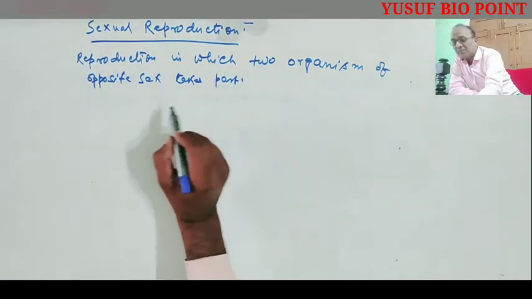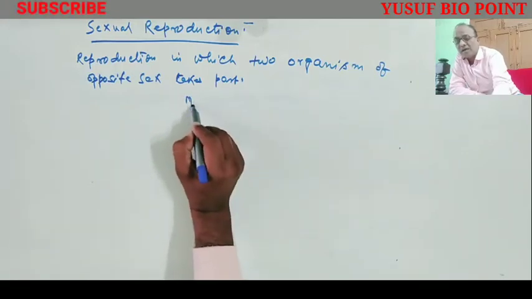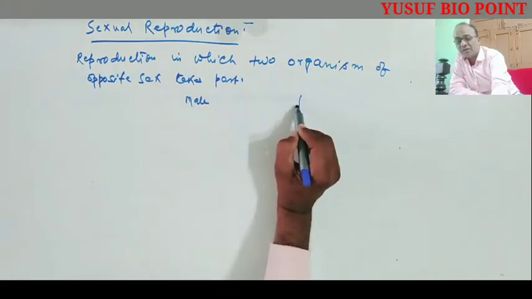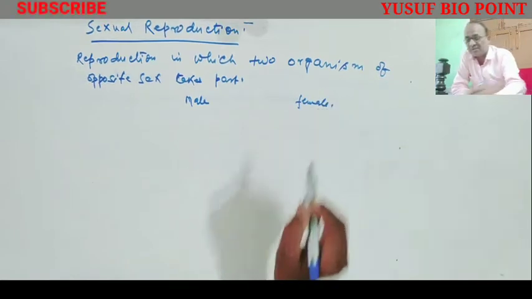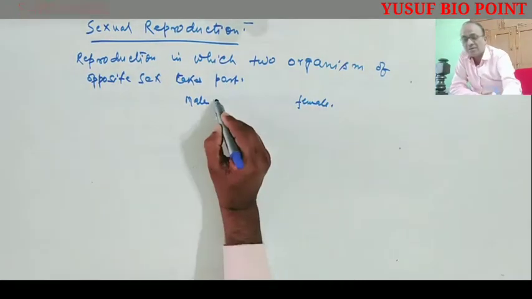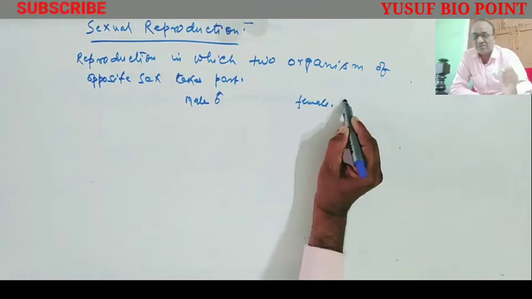One is male and the second one is female. Both are of opposite sex. Male has this symbol and female has this symbol.